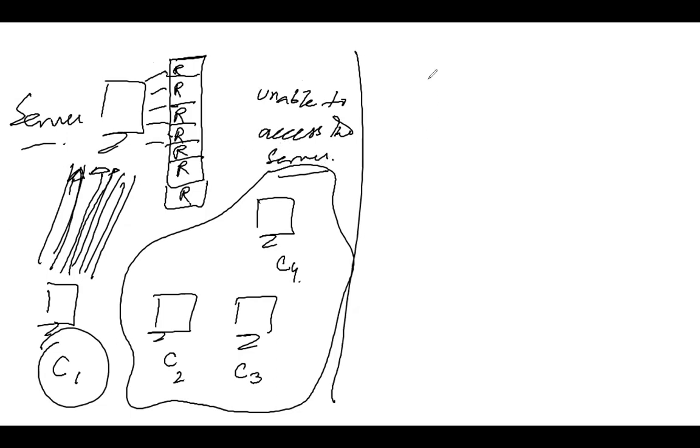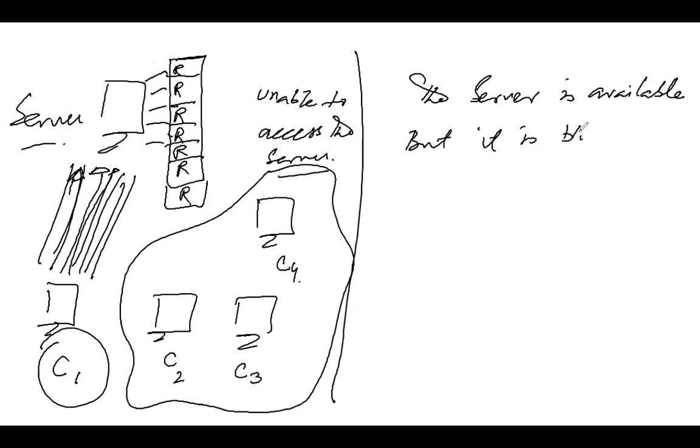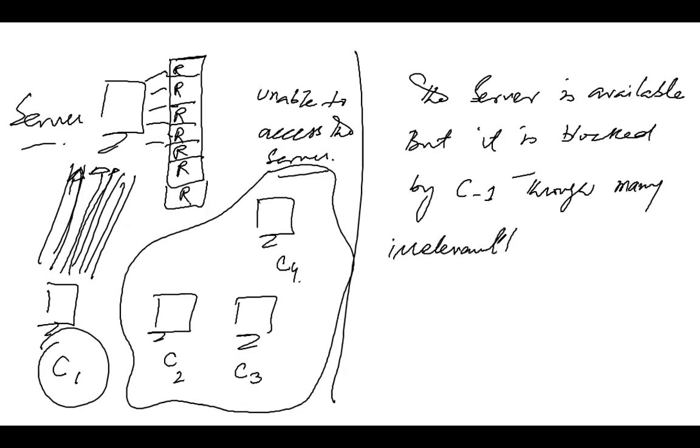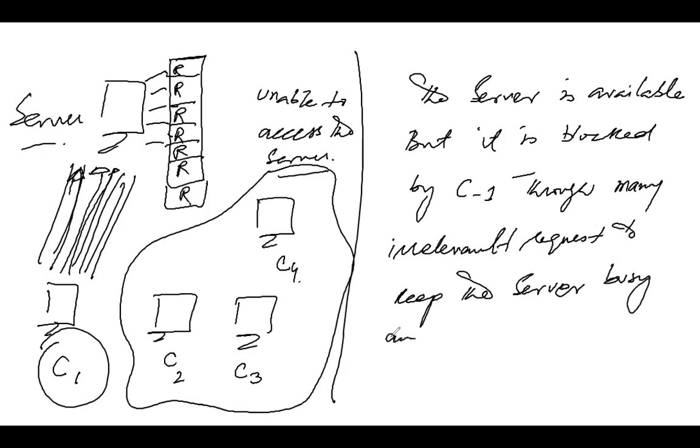So which means the server is available, but it is blocked by client 1 through many irrelevant requests to keep the server busy and unable to respond to other users.